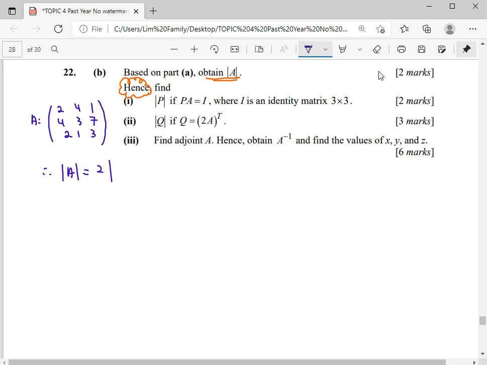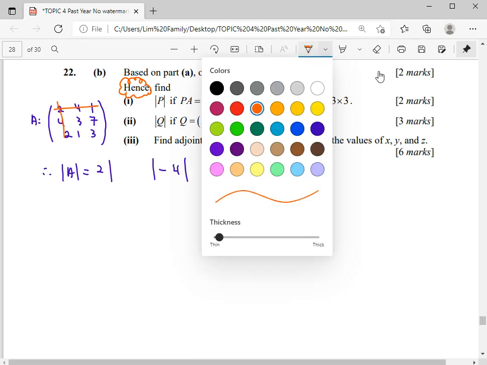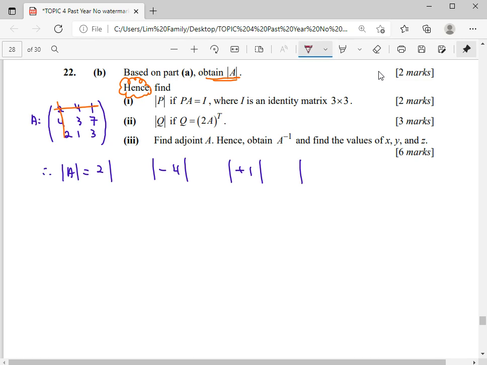So therefore, we start doing our determinant A. It will be element 1,1, minus 4, then plus 1. Then we start to do the minor 1,1. Okay, minor 1,1, we get the answer of 3, 7, 1, 3. Okay, copy, in and out. The vertical one here is 4, 2, 4, 2.